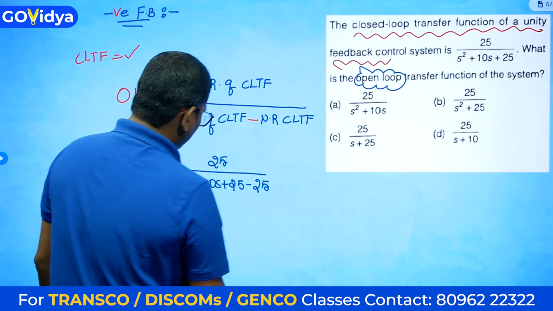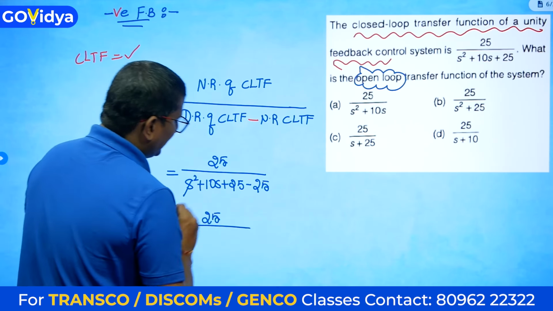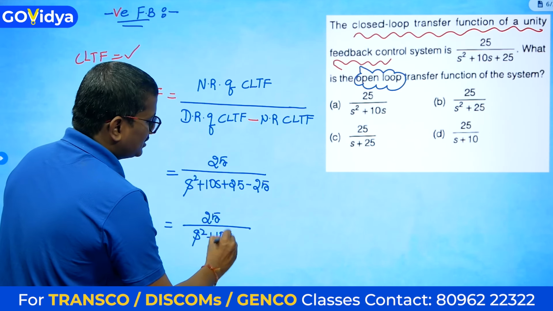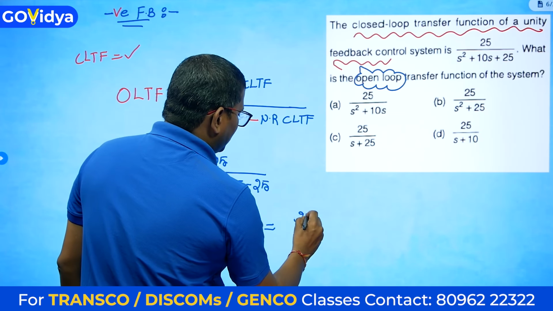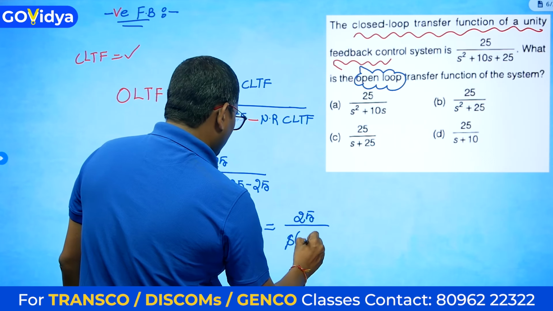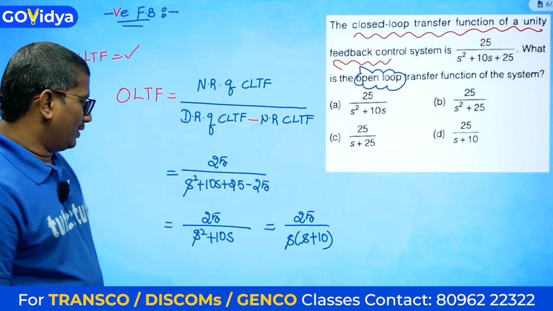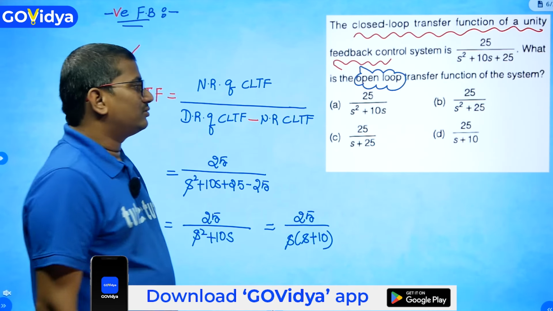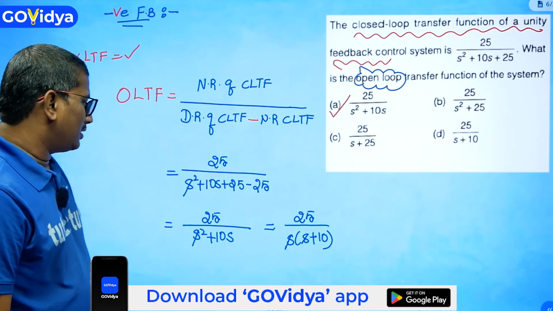So I can write this as 25 divided by s square plus 10s. From this, can I take the common? 25 by s into s plus 10. So which is the correct answer? This is the correct answer.